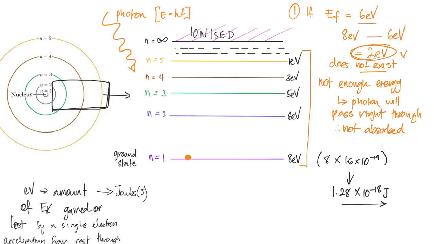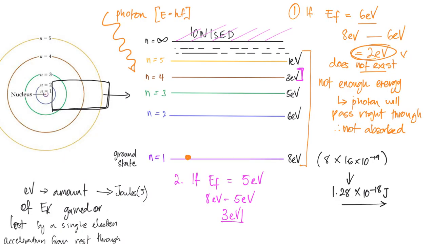Let's say instead, this time they give you the energy of the photon at 5 electron volts. So you say 8 electron volts minus 5 electron volts, and that takes you to 3 electron volts. But when I look at my diagram here, I can see 3 electron volts.